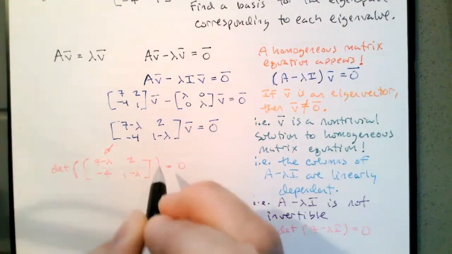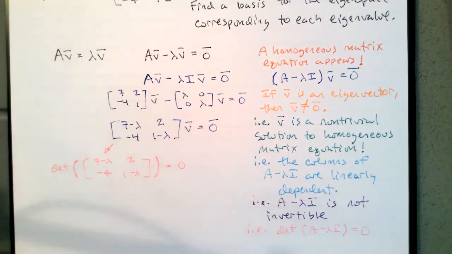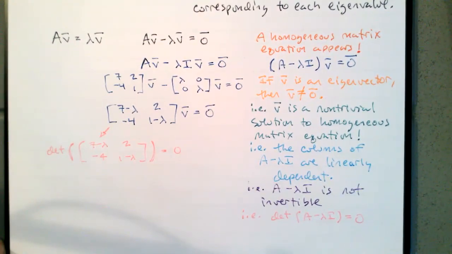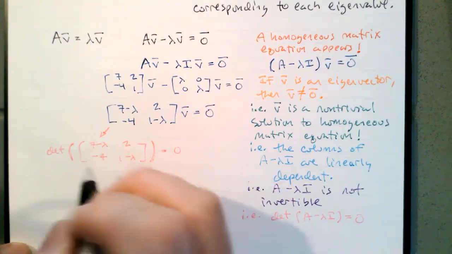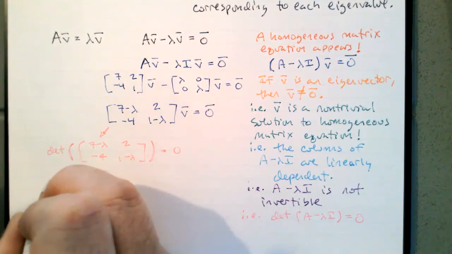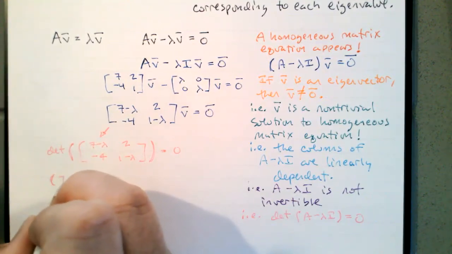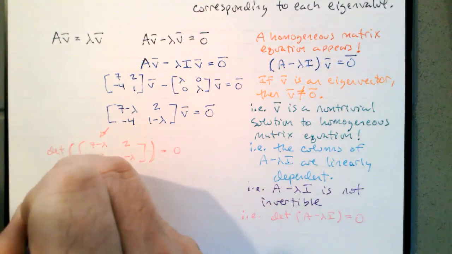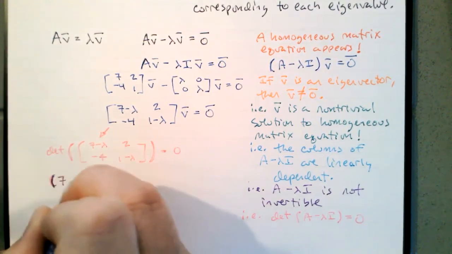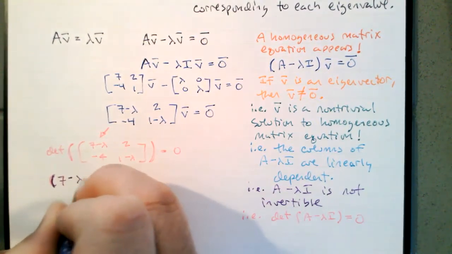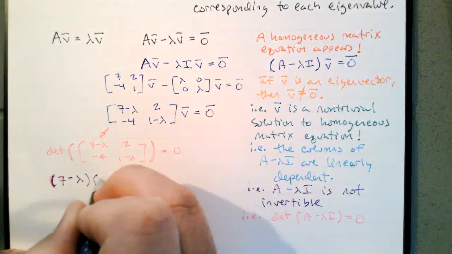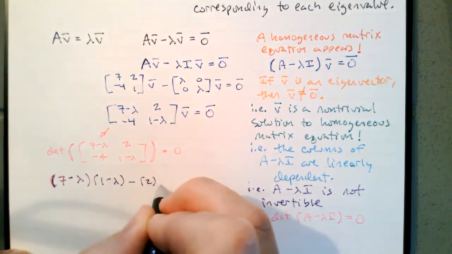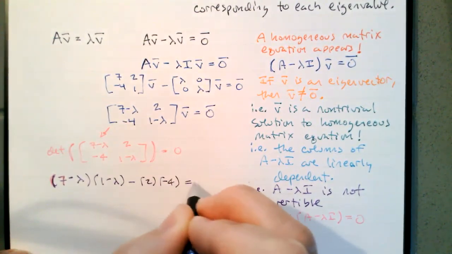Since it's a 2 by 2 matrix, calculating this determinant is not really a big deal. We just do AD minus BC. So I do AD. Okay, this is too light. I gotta switch to a darker color. So 7 minus lambda times 1 minus lambda minus 2 times -4 is equal to 0.